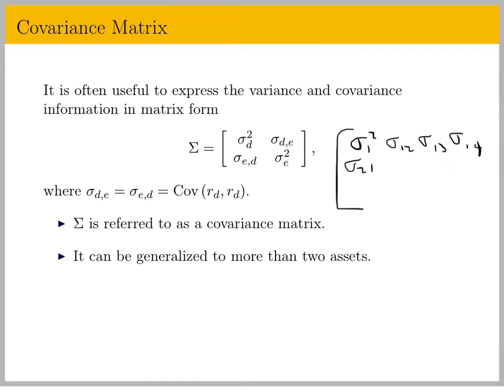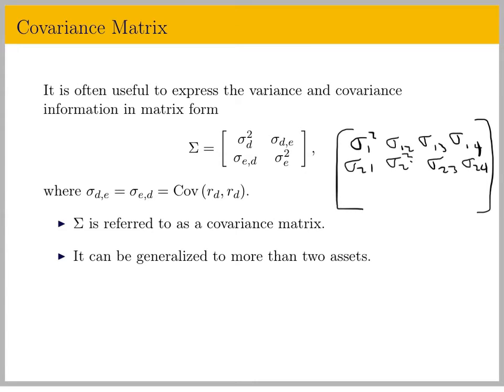And then sigma 2,1, sigma 2,2, well, sigma 2 squared I'll call it, and then sigma 2,3, and then sigma 2,4.